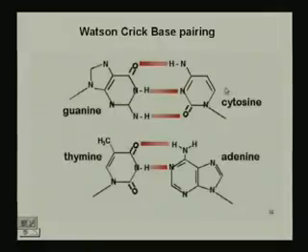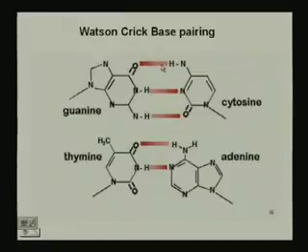Now, in the pairing, you will notice, which is extremely important for the structure of DNA, we have hydrogen bond formation. These thick red lines are actually representations of hydrogen bonds. Now, what are we talking about here? We are talking about an oxygen, hydrogen, nitrogen.